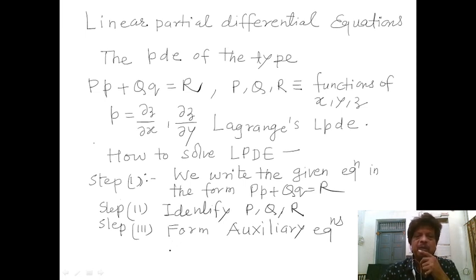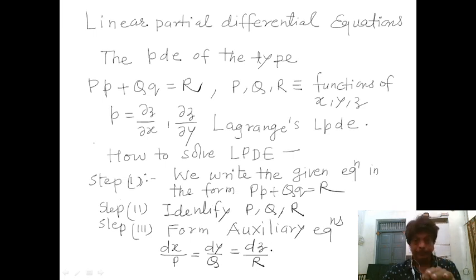These equations have the form dx upon capital P equal to dy upon capital Q equal to dz upon capital R. That is how we form these auxiliary equations.